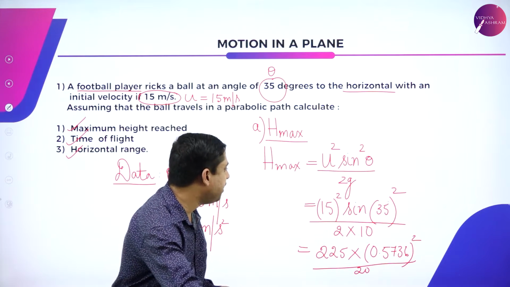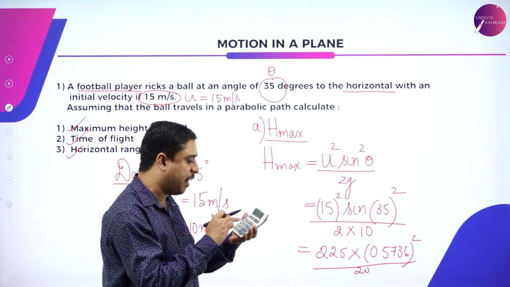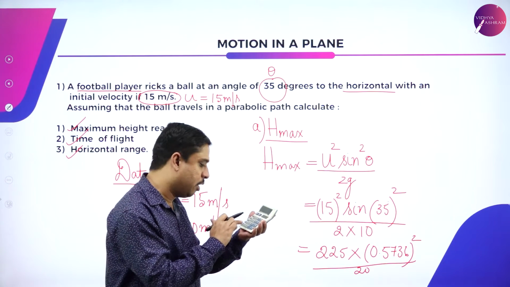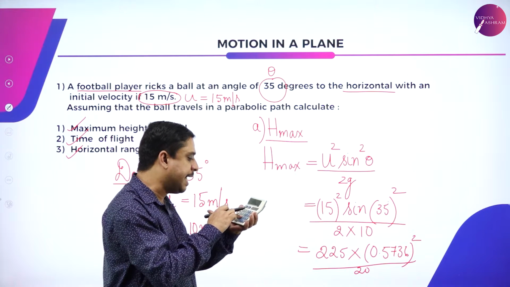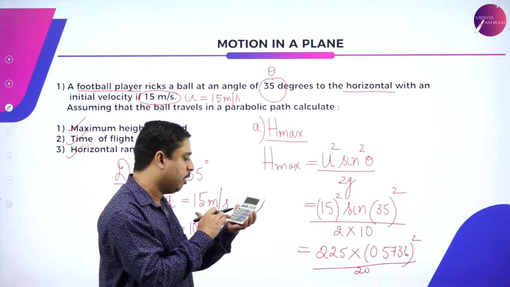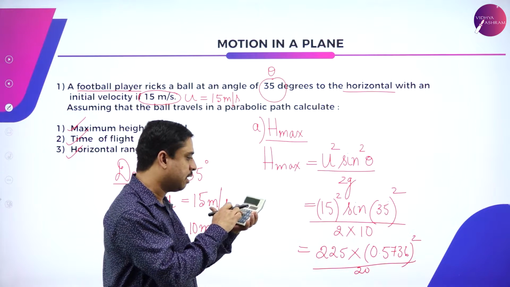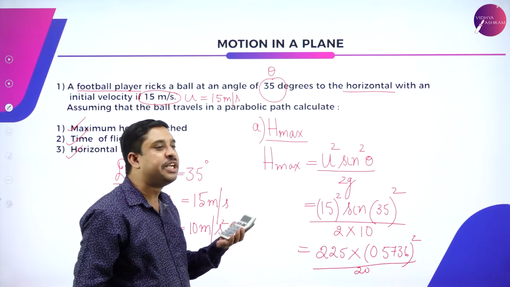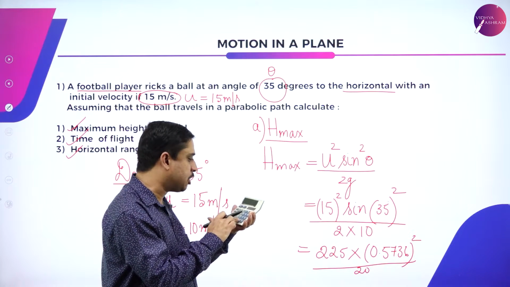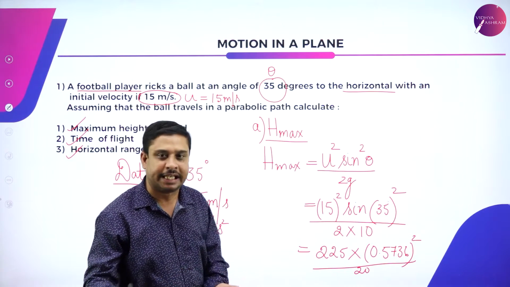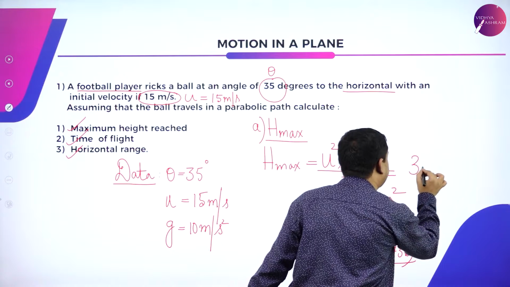So on simplification, 225 into 0.5736 into 0.5736 is 74.02 divided by 20, which will give me 3.7 meters.